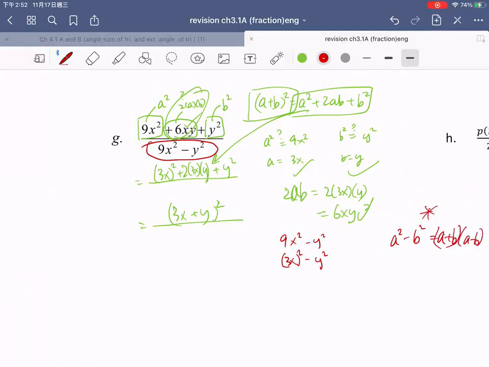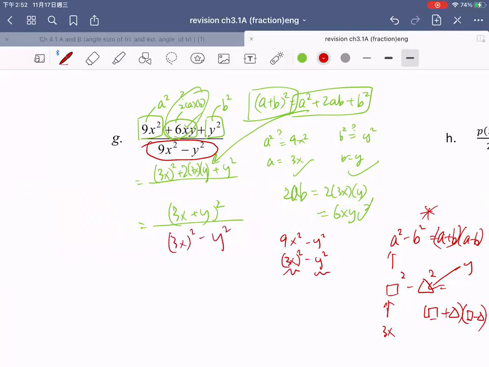So if you can make a pattern like something squared minus another thing squared, this time it's 3x and y, so we can write it this way: 3x plus y, 3x minus y.